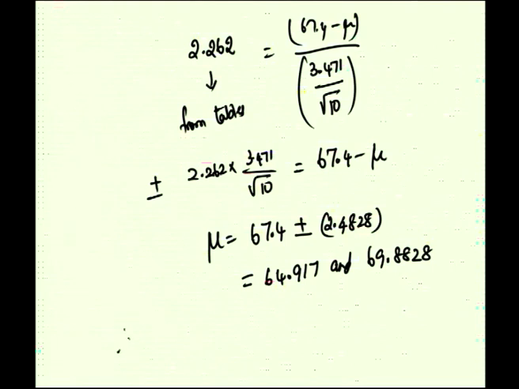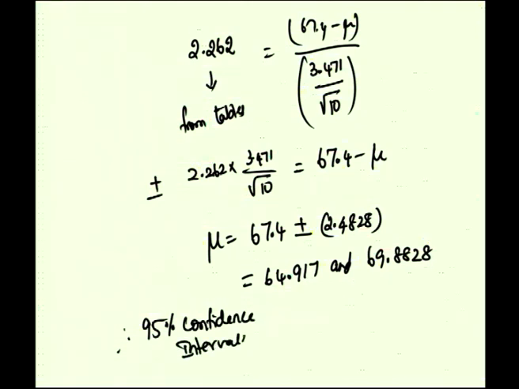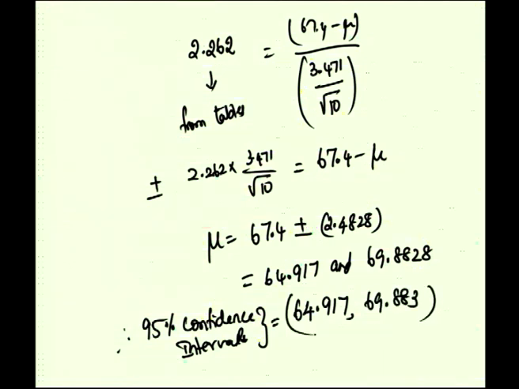Okay. Therefore, the 95% confidence interval should be written in brackets. Limits you can just write out without brackets also. The 95% confidence interval is 64.917 comma 69.883. Okay. So, it means your population value lies between 64.917 and 69.883 at 5% level of significance.